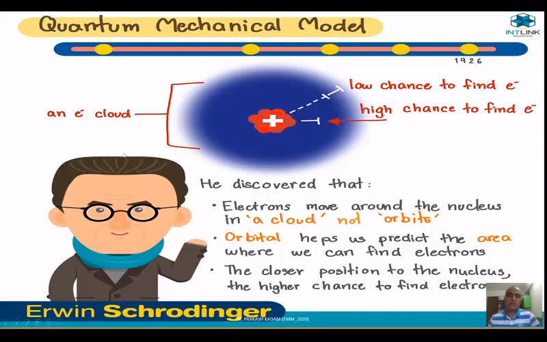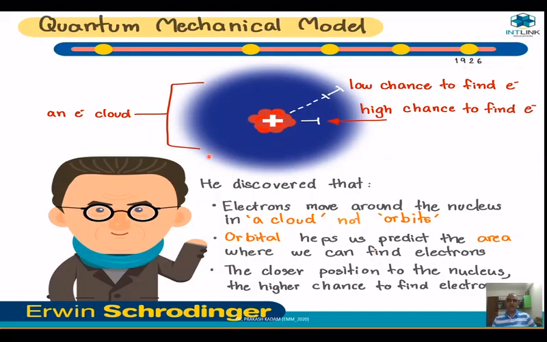So that was defined by Niels Bohr. After that, the next atomic model was given by the scientist Erwin Schrödinger in the year 1926.